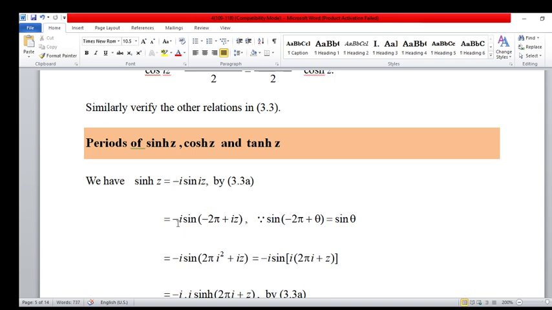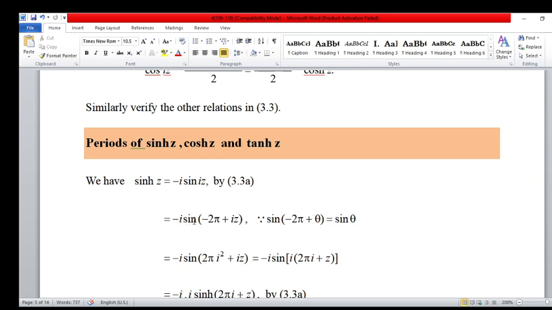So this is minus i sin, and this can be written as minus i sin of minus twice pi plus iz, since sin of minus twice pi plus theta is equal to sin theta.